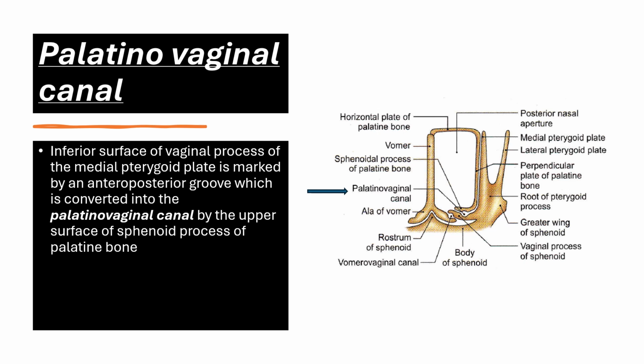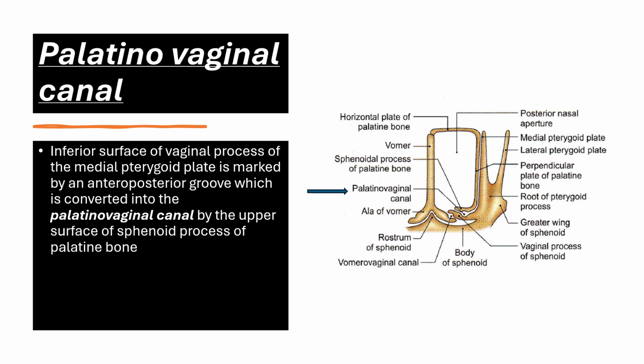This groove is converted into the palatino-vaginal canal because it is covered by the sphenoid process of the palatine bone, which we can see marked on the left hand side of the diagram at third number.